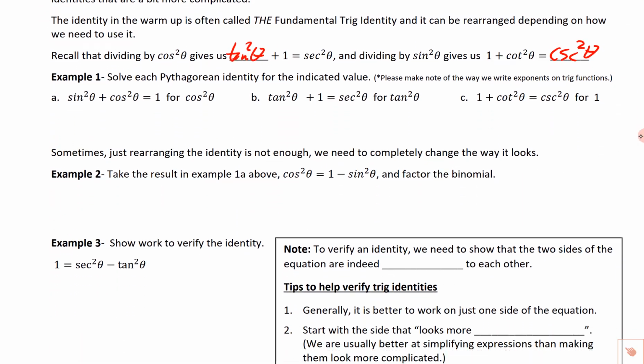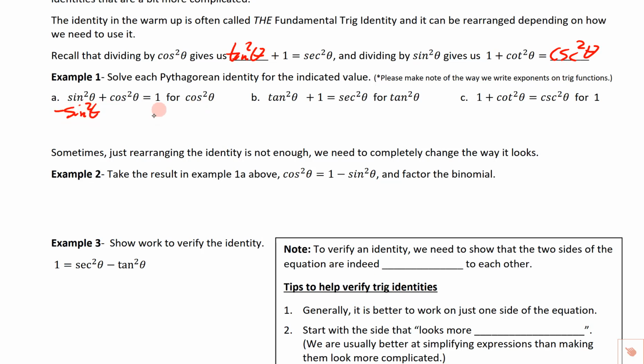So what we're basically doing with these true equations is we're moving them around a little bit. So we took the fundamental trig identity, sine squared plus cosine squared equals 1, and we started dividing things, and we came up with tangent squared plus 1 equals secant squared. 1 plus cotangent squared equals cosecant squared. But you can also rearrange these into other things. So I could take this one, the fundamental trig identity, sometimes people call it the Pythagorean identity, and I can say, you know what? What if I just wanted to get cosine squared by itself?